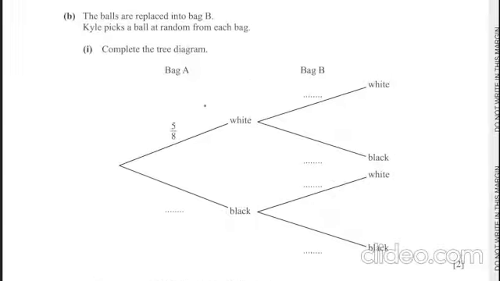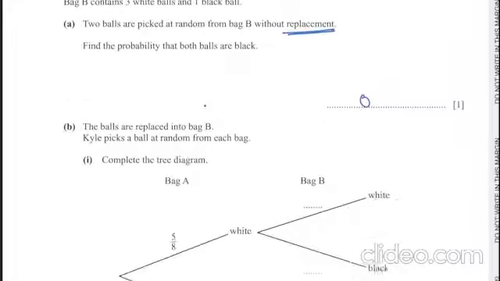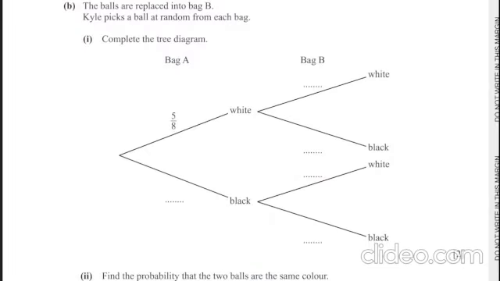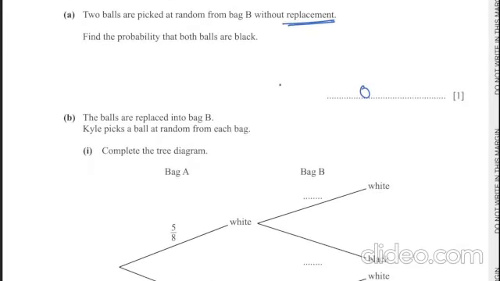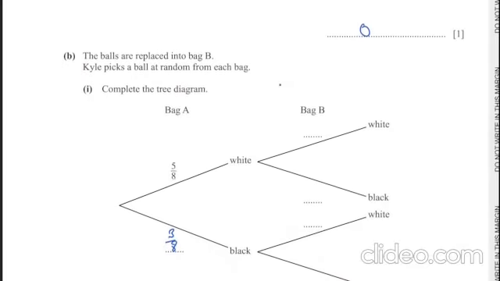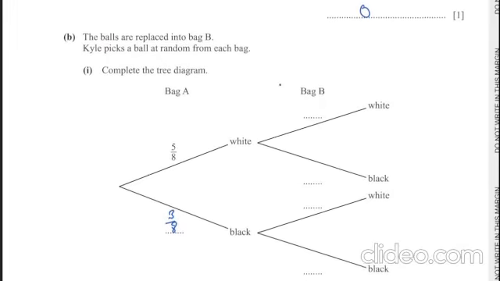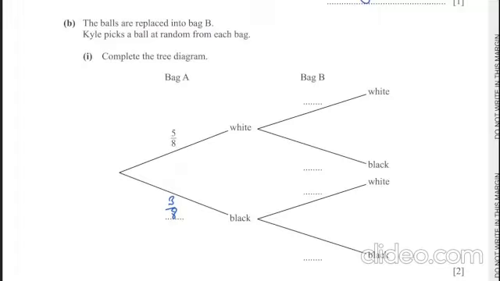Bag A has 5 white and 3 black, so it will be 5 by 8 white and 3 by 8 black from bag A. For bag B it is going to be the same thing: 3 white, total 4, so 3 by 4, and 1 black, total 4, so 1 by 4, because these are independent here, so it will not make much difference. So that will be the probability.